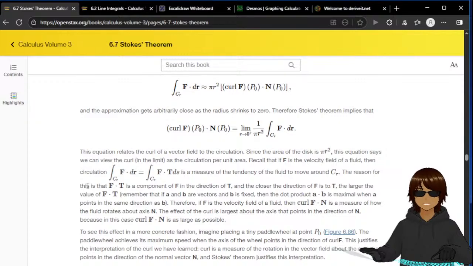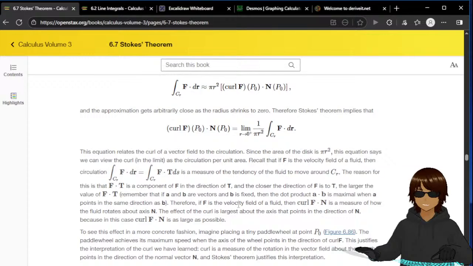The reason for this is that F dot T is the component of F in the direction of T. The closer the direction of F is to T, the larger the value of F dot T. Remember that if a and b are vectors and b is fixed, then the dot product a dot b is maximal when a points in the same direction as b.